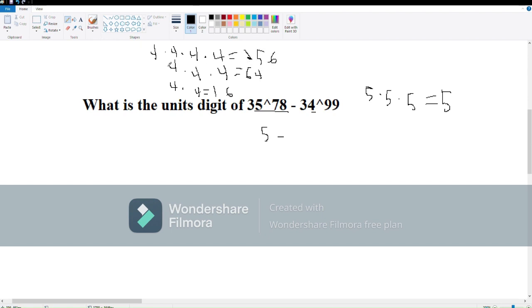256. Honestly, you don't have to do this next step if you don't want to; I might recommend it, but it's not really that useful. 4 times 4 times 4 times 4 times 4 is equal to 1024.